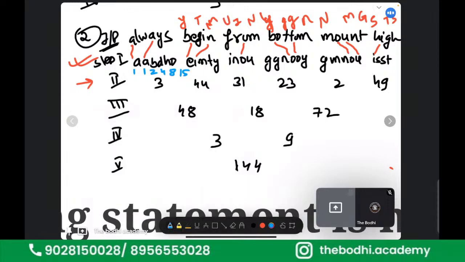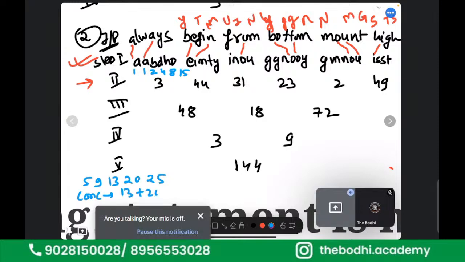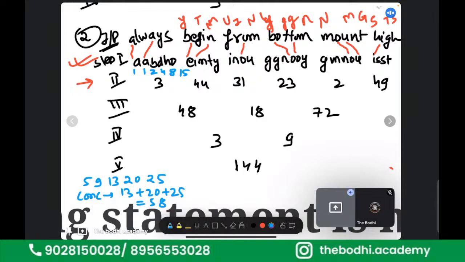Okay, so E is 5, I is 9, M is 13, T is 20, and Y is 25. So we will write the consonants first, that is M, T, and Y, that is 13 plus 20 plus 25, which is equivalent to 58.